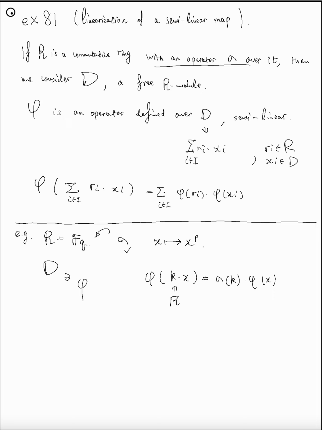But we require this Frobenius to be semi-linear in the sense that when acting on the coefficient in F_q, it is given not linearly, which means not trivially on the coefficient, but instead it acts through the known Frobenius. This is called semi-linear.